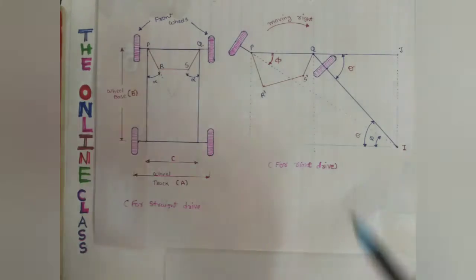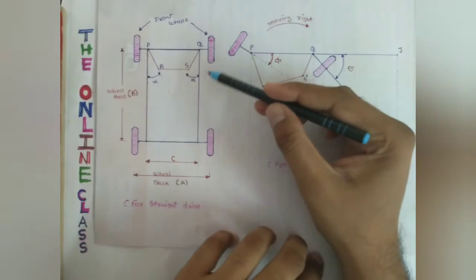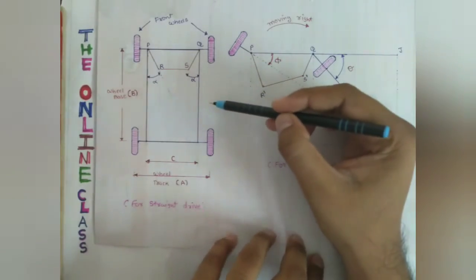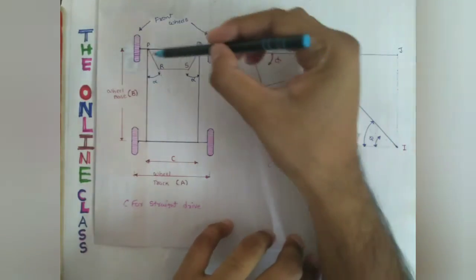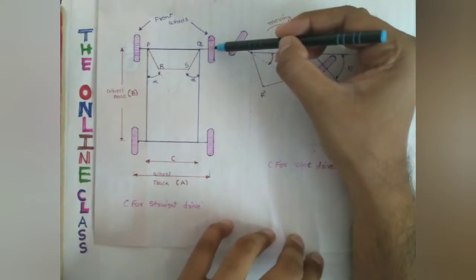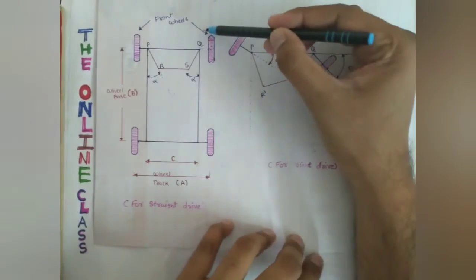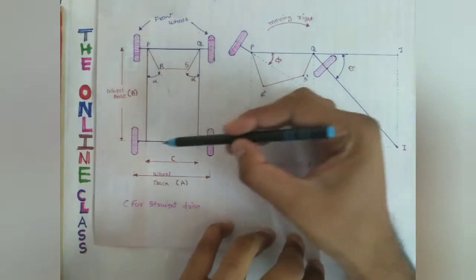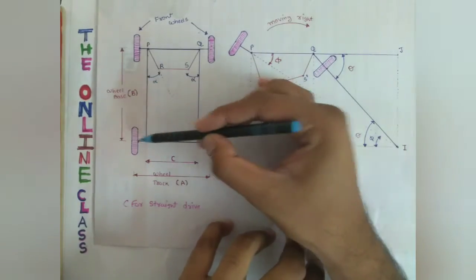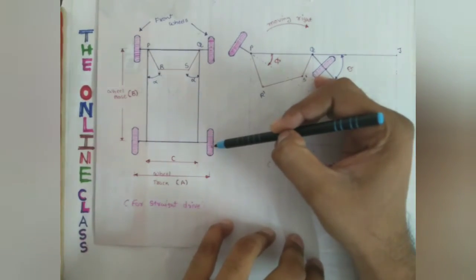Here you can see the diagram of a four-wheeler vehicle. This is the front axle and these two wheels are the front wheels. This is the rear axle and these two wheels are the rear wheels.